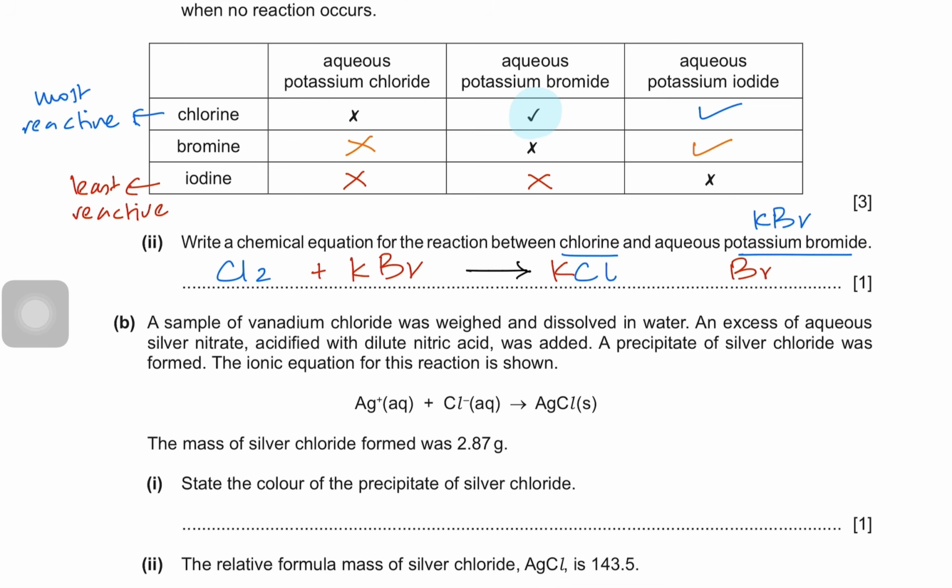Bromine is left alone. You get bromine, which is Br2, and potassium chloride. To balance this equation, we add a 2 before potassium bromide and a 2 before potassium chloride. The state symbols: chlorine is gas, potassium bromide is aqueous, potassium chloride is aqueous, and the bromine produced can be liquid in the solution.